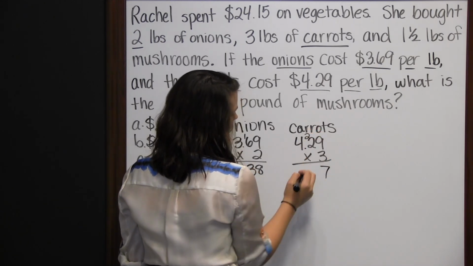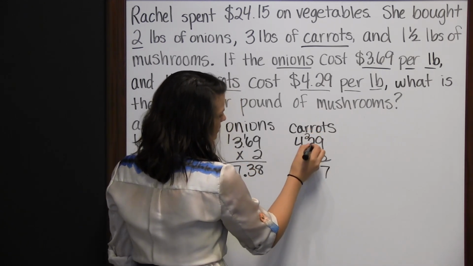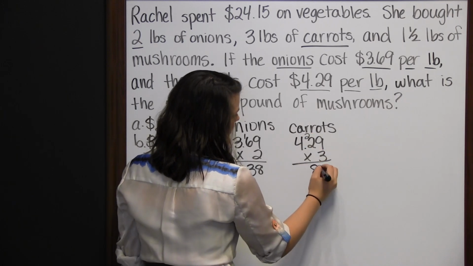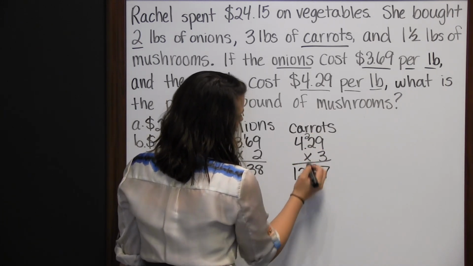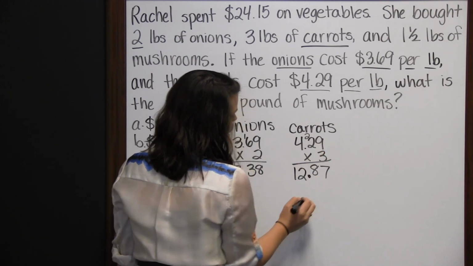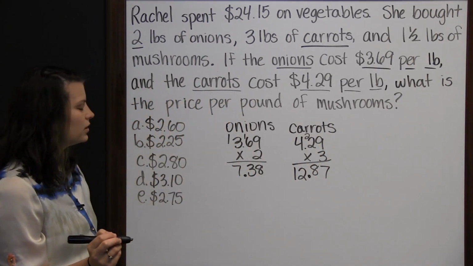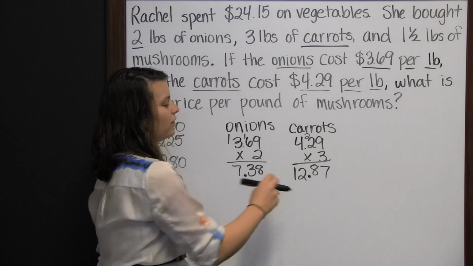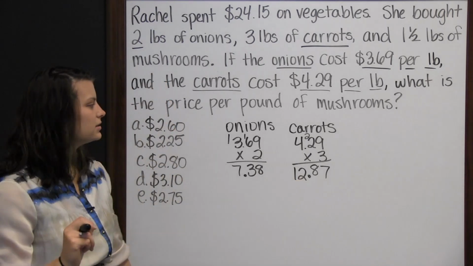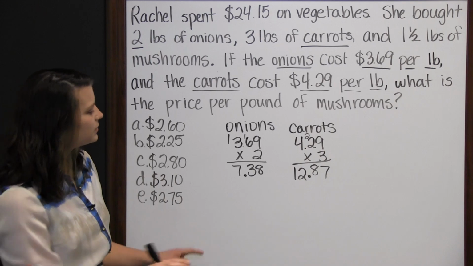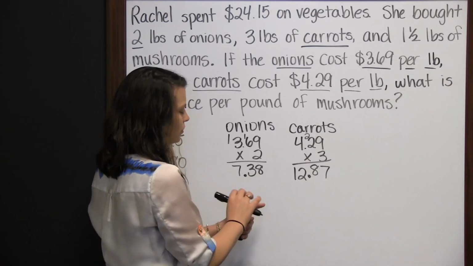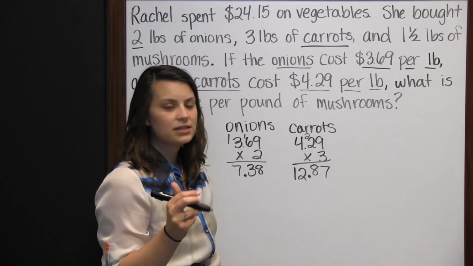Write the 7, carry the 2. 3 times 2 is 6, plus 2 is 8. And 3 times 4 is 12. 2 numbers behind the decimal, 2 numbers behind the decimal. So she spent a total of $12.87 on carrots.